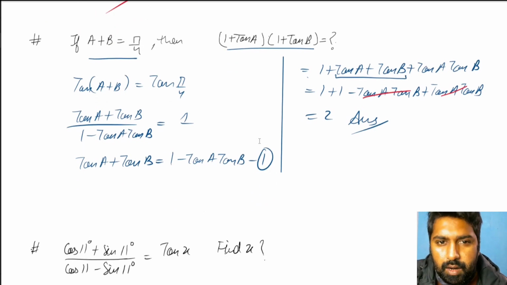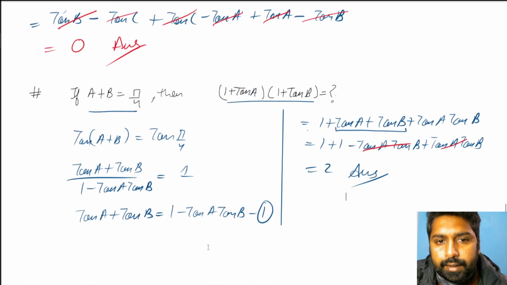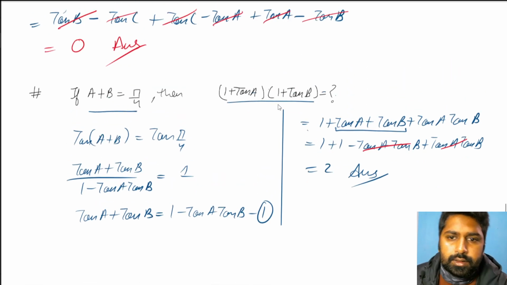Now let's do the smart approach. A smart way to cheat. Again, what I told you is that this approach is applicable only if options are there and the answer is a constant value. Now we know it is a constant value. Let's see if the other approach works. I told you, take the value of the variable as anything as long as the condition is true.